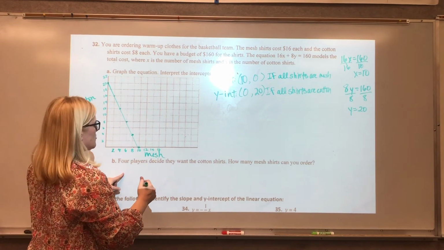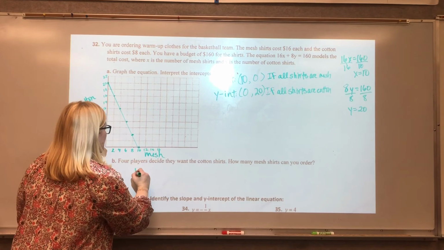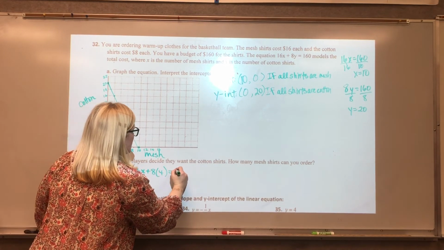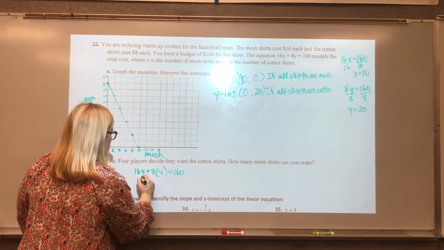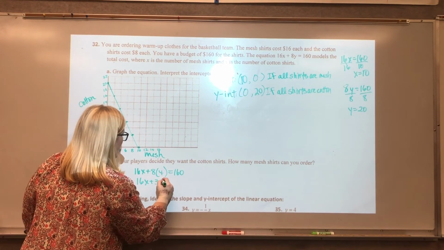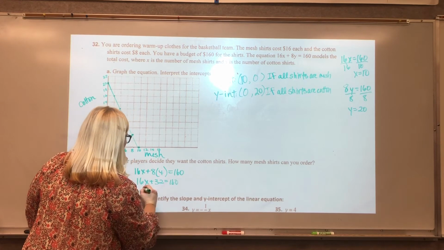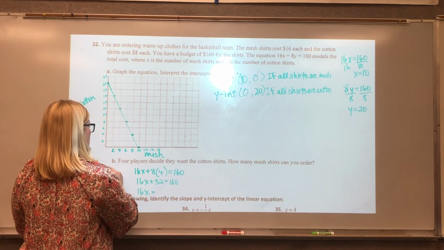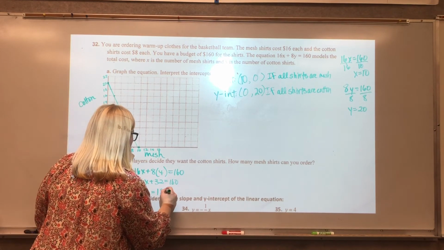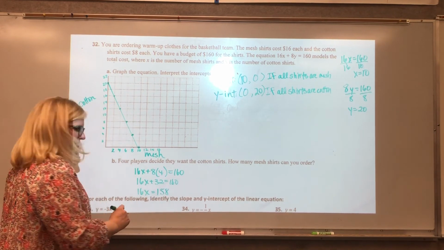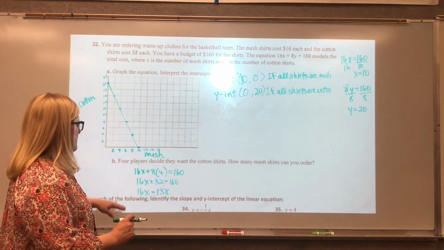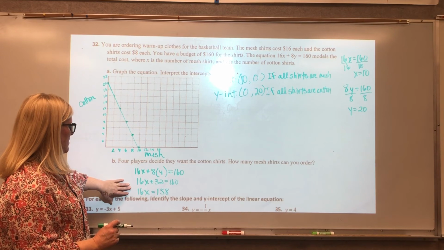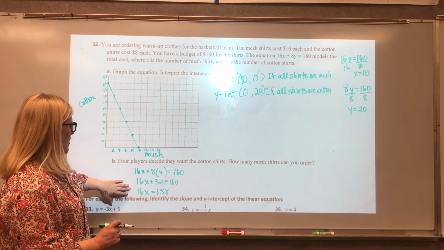So 4 players want cotton shirts. So 16x plus 8 times 4 is 160. 16x plus 32 is 160. And if I subtract 32 from both sides, I get 158, I think. Oh no, not 158.